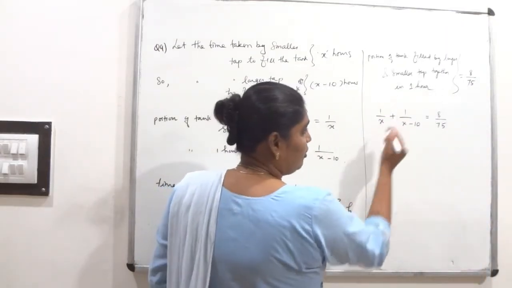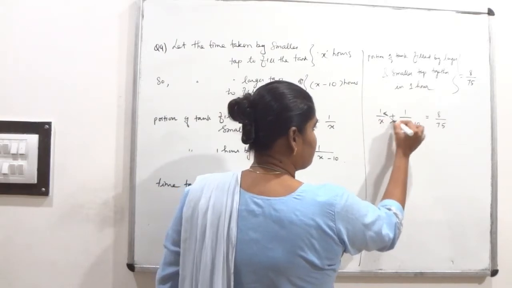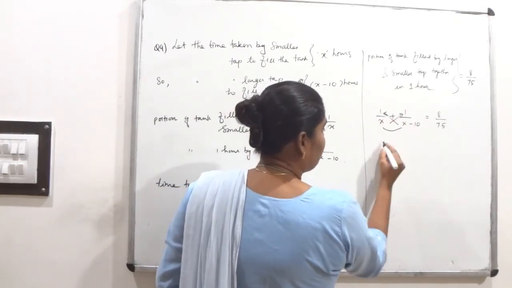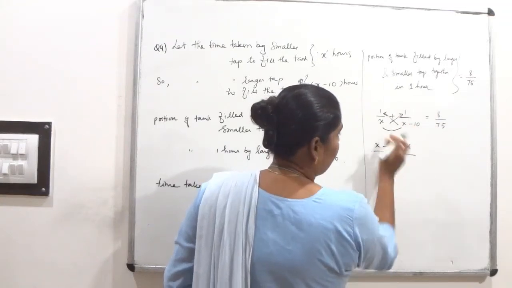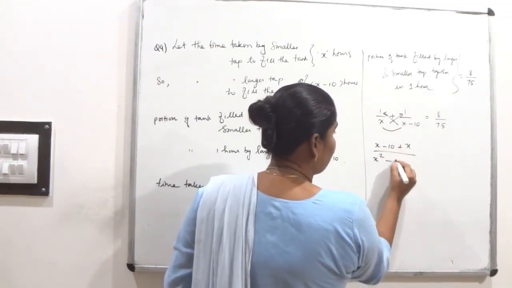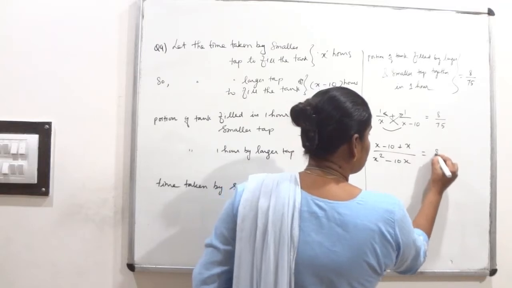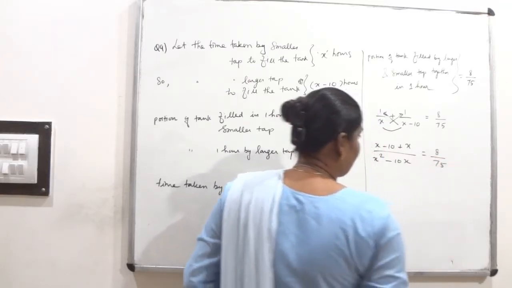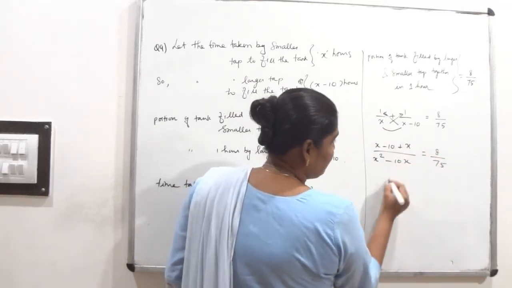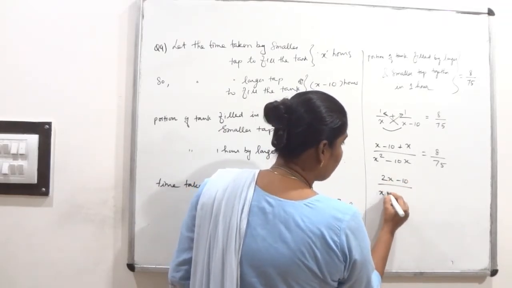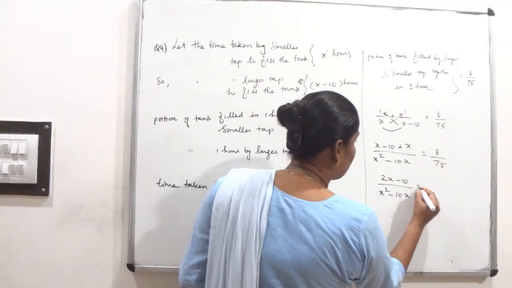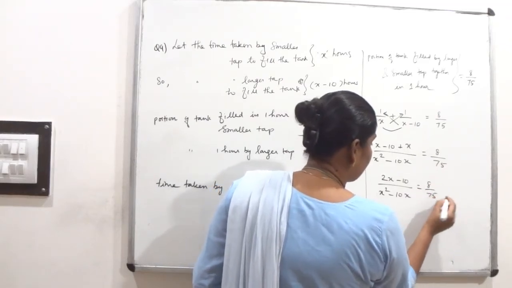Now check the denominators. Both are different, so I have to take the LCM. 1 into x minus 10, x minus 10. 1 into x is x. Upon x square minus 10x is equal to 8 upon 75. Yes, x plus x, 2x minus 10 upon x square minus 10x is equal to 8 upon 75.